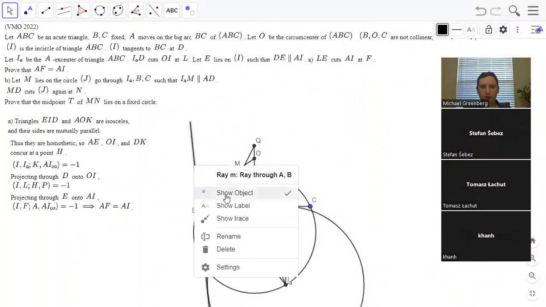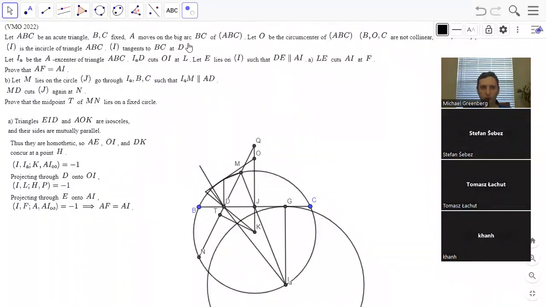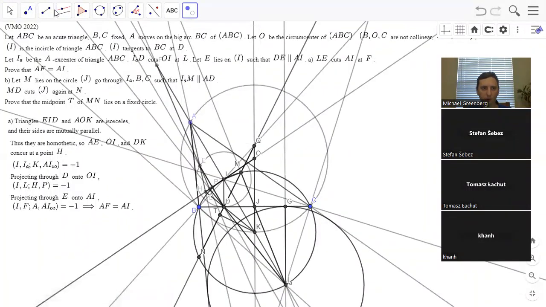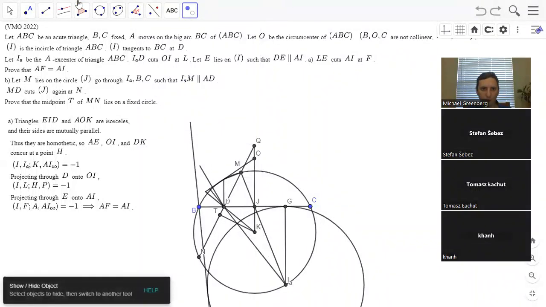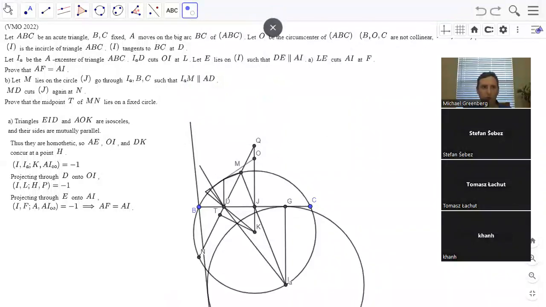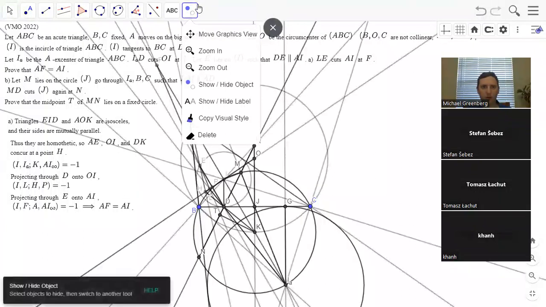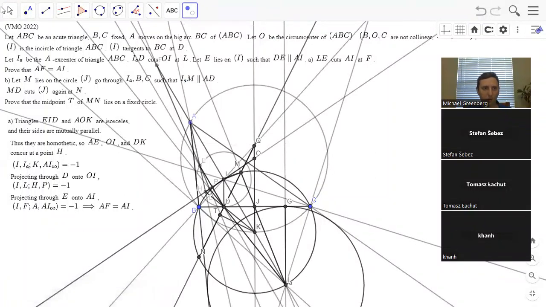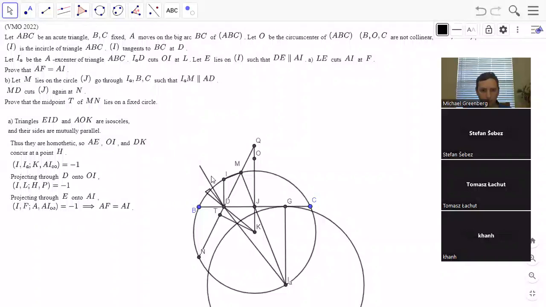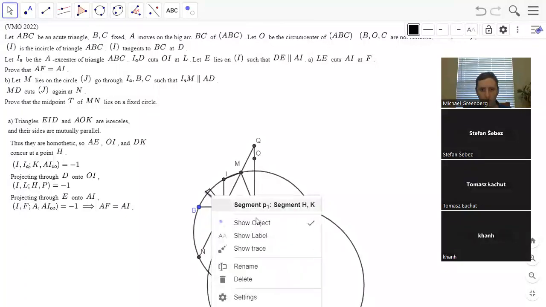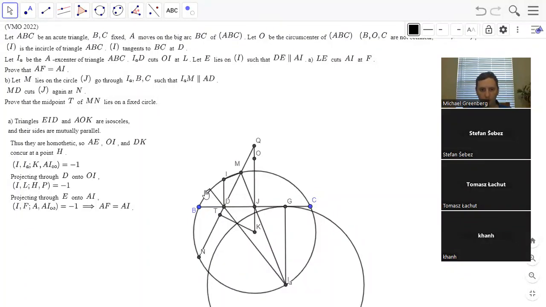We don't really need the X circle either. I want to show, I just don't want to show. Don't need that.